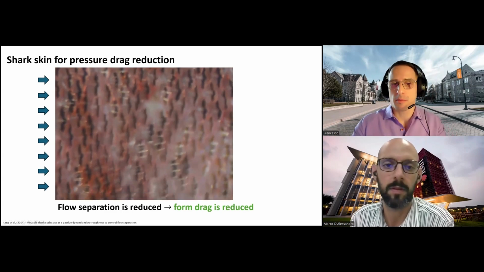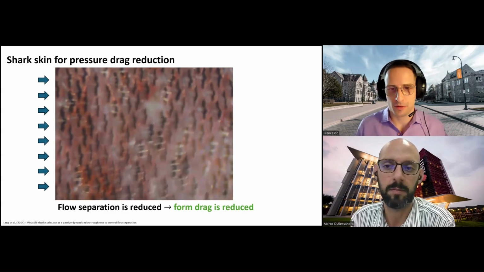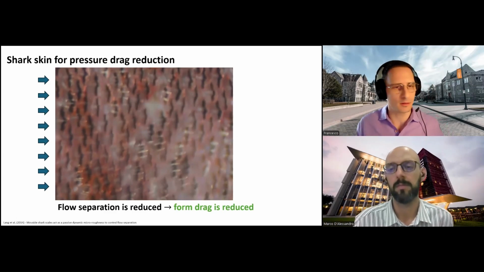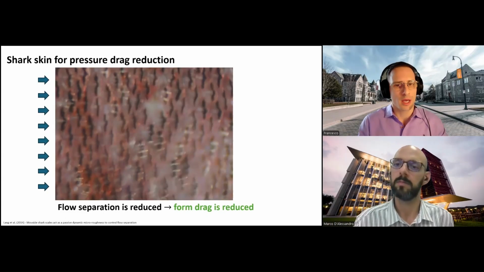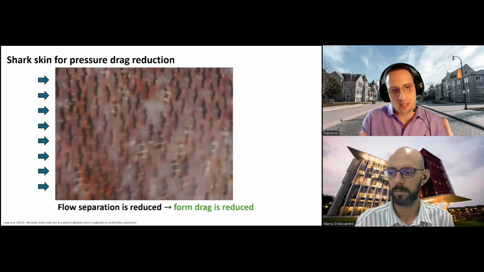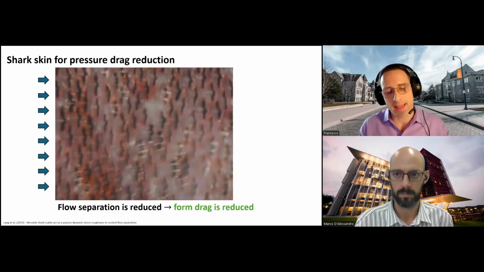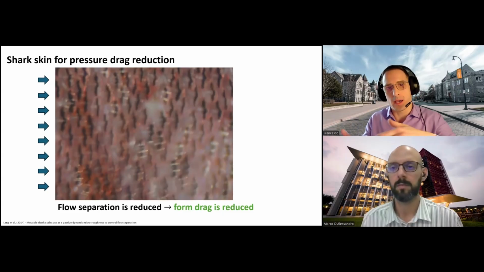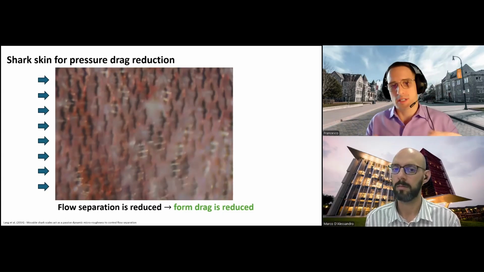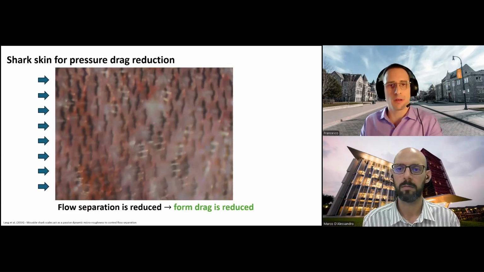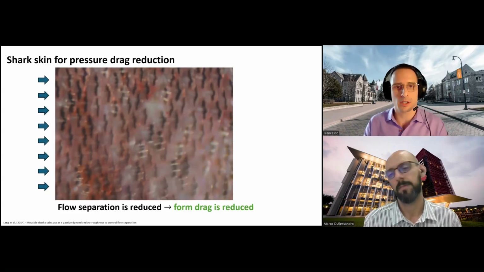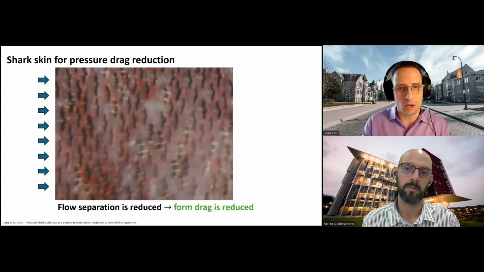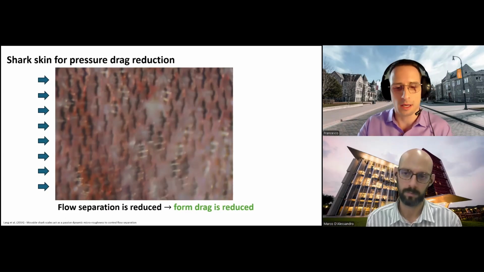And in fact, flow separation is something that happens very commonly, both in the airfoil scenario and on the shark skin surface, and it's basically the strength of this reverse flow that activates this bristling mechanism. And by the denticles bristling up, the size of the separation region can be reduced. And if you reduce the size of the separation region, then you have a smaller separation bubble, a smaller contribution to the form drag, and you therefore reduce drag.